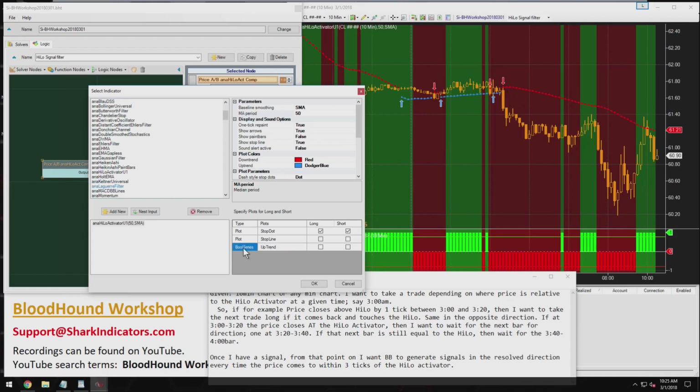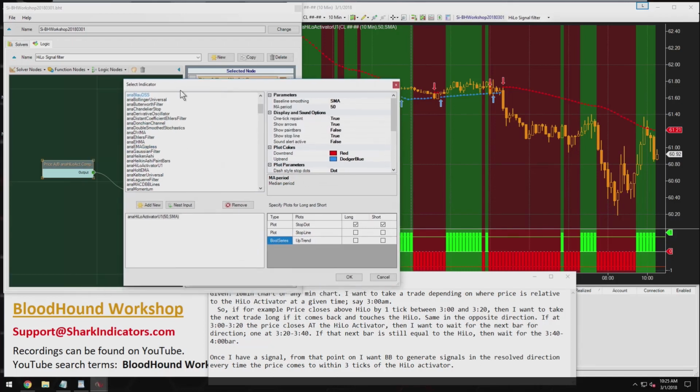So this bull series is telling us the trend that the indicator is detecting. You could use this bull series in a threshold solver instead, but I'm using the comparison solver. You'll get the same results, just two different ways of doing the same thing.